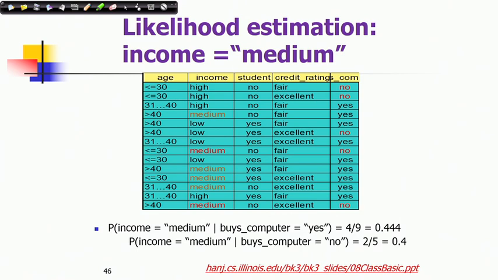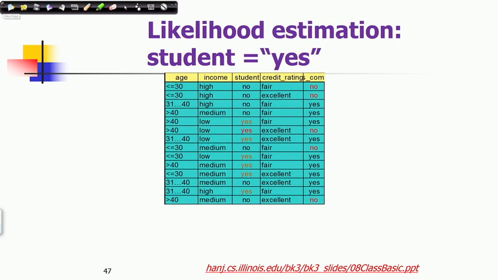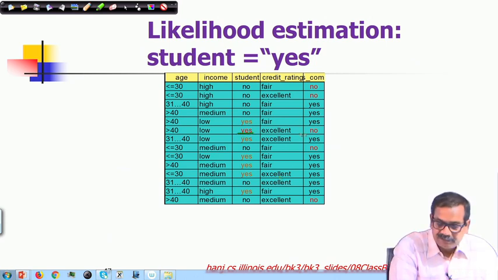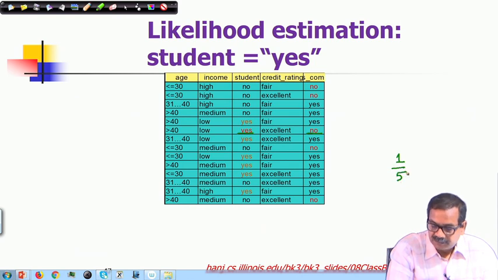We will proceed further. This time it is student equals yes, which means the person is a student or the person is not a student. Here we observe that for one instance in the class no, it is a student, which means the likelihood probability given the class no, not buying computer, for a person being a student is 1 by 5.